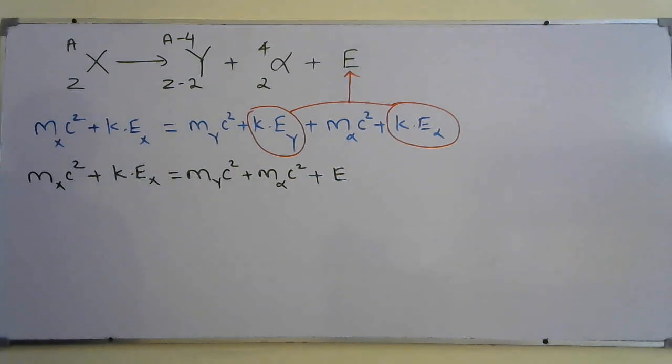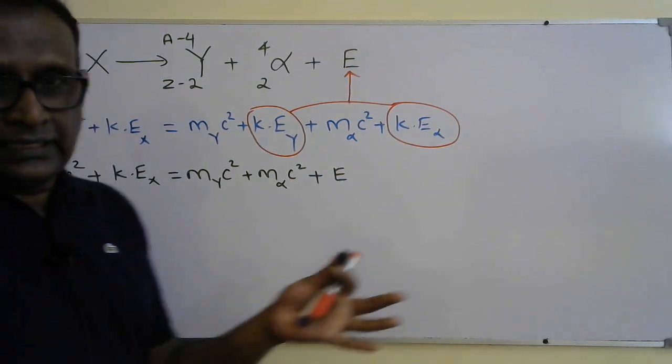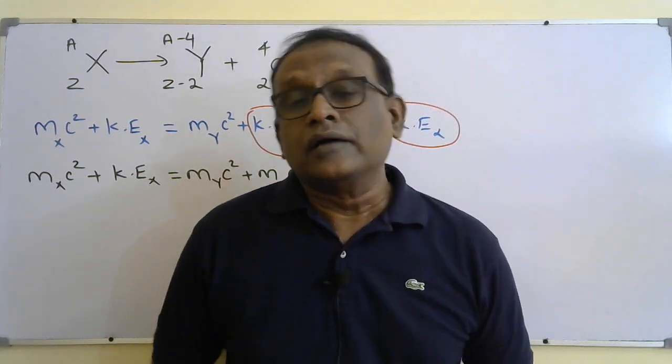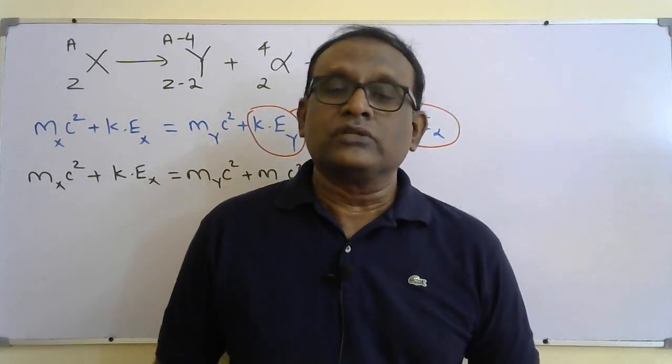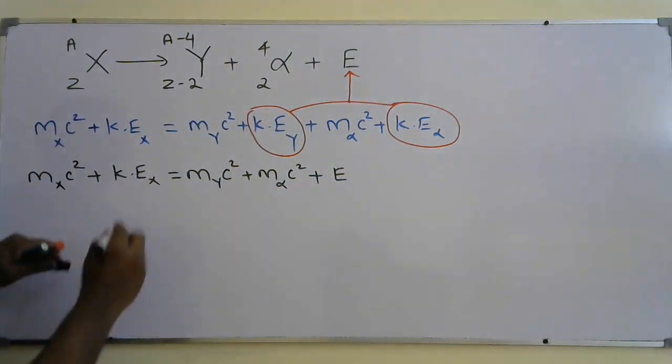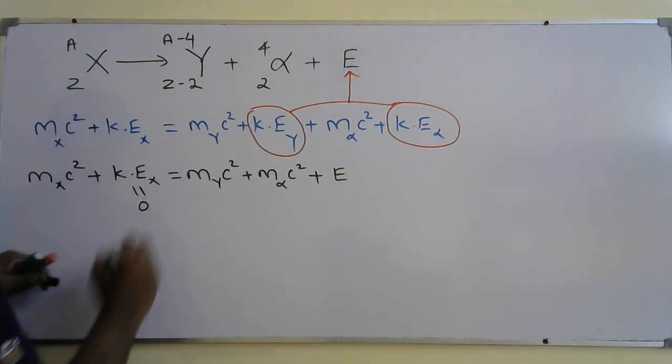Also we must know the parent nucleus is at rest. It won't be in motion before emission of the alpha particle. Before the decay, the parent nucleus is at rest, so the kinetic energy of X will be equal to 0. Now rearrange it.